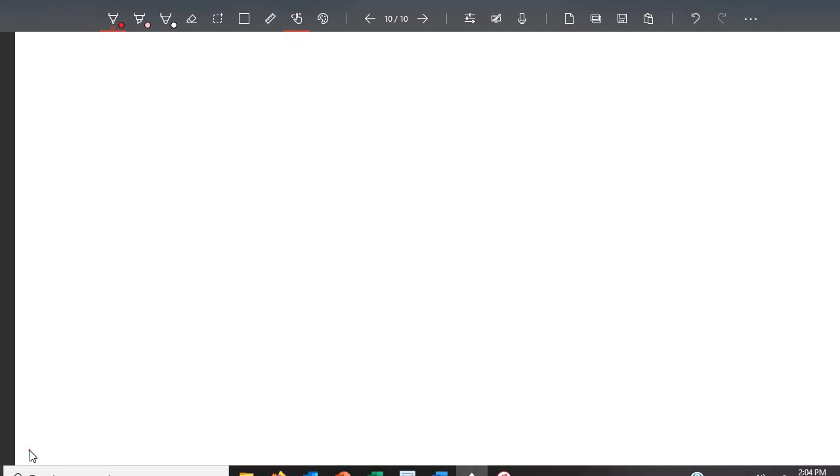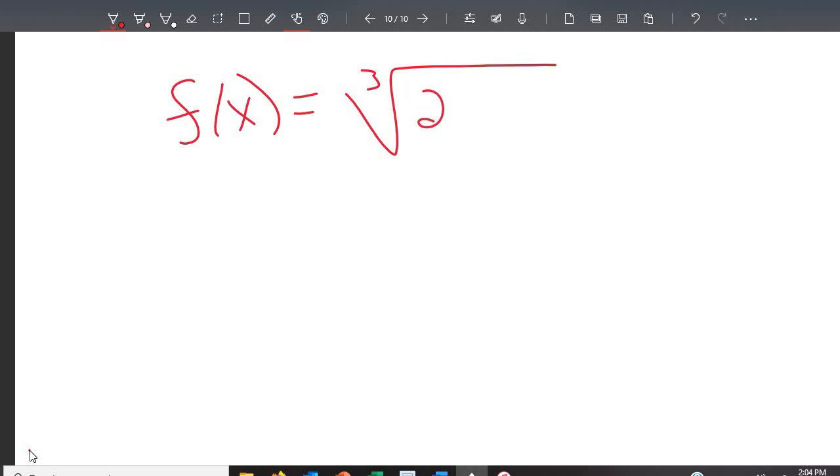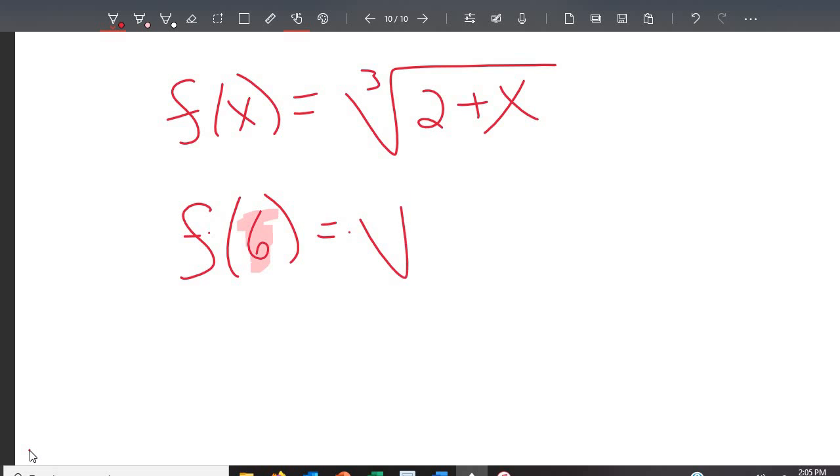Alright, we will have cube root functions, and we'll be asked to simplify that. I'll be told a number here, and that number goes where the x is.